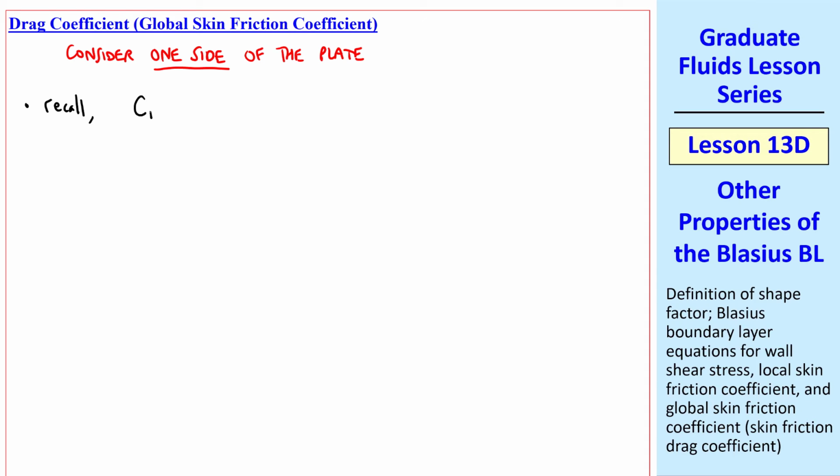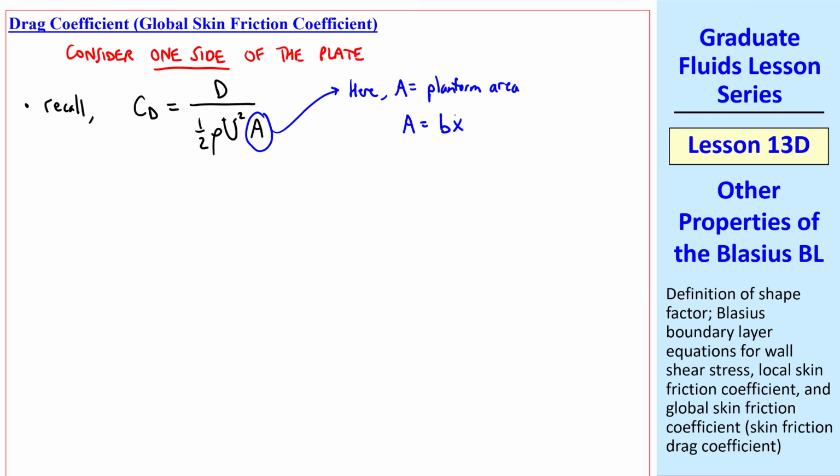Recall from your undergraduate fluid mechanics that drag coefficient is D over 1/2 rho u squared A, where A is typically a frontal area, but here, since the frontal area is 0, we use instead the planform area, the area looking from the top, so A equals b x, where b is the width of the plate into the page. Since this is a two-dimensional problem, there really is no width, it's infinite, but we can assign some b just to get the dimensions correct.